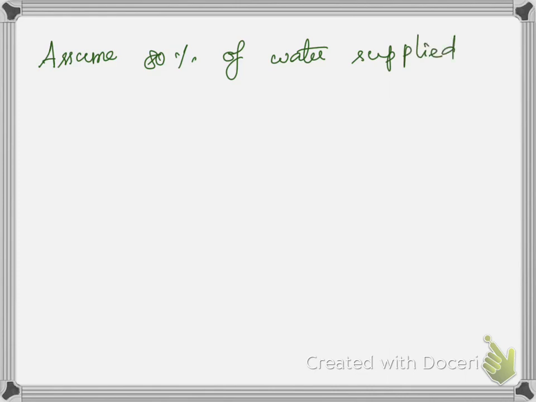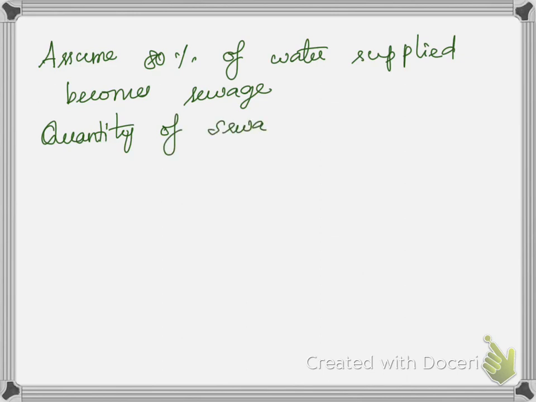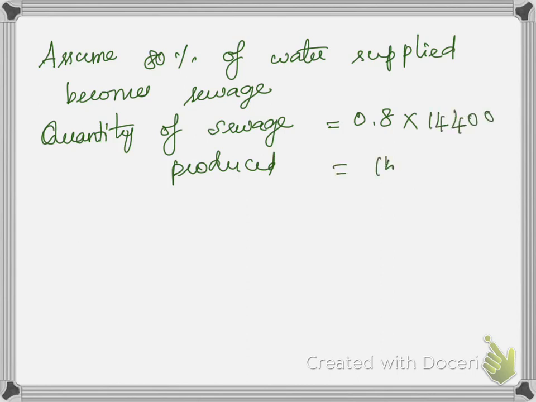Now assume 80% of water supplied is becoming sewage. So quantity of sewage produced will be 0.8, that is 80 by 100, into 14,400, which is equal to 11,520 liters per day.